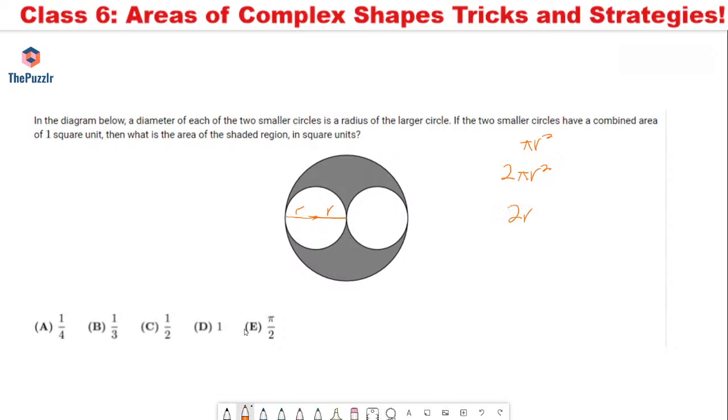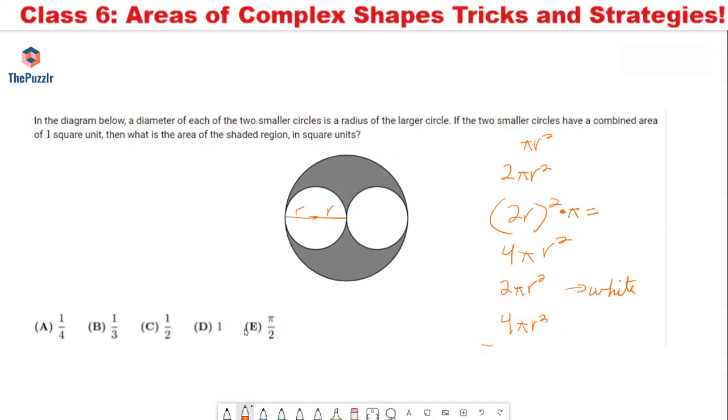So 2r squared times pi, and this is 4 pi r squared. So we have that 2 pi r squared is the white area, and 4 pi r squared is the total circle, right? So 4 pi r squared is the total area.